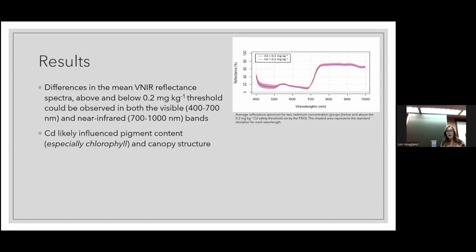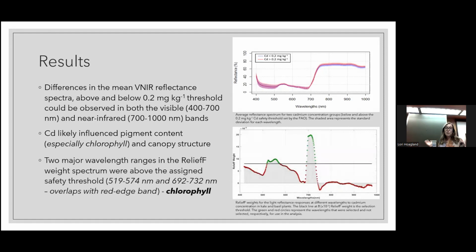So we can conclude the cadmium did have a much more focused impact on chlorophyll. And then using the ReliefF spectra, we were able to narrow down and find other specific wavelengths, including some in that important red edge measurement that were also altered by the cadmium. And so again, they point to changes in chlorophyll content.